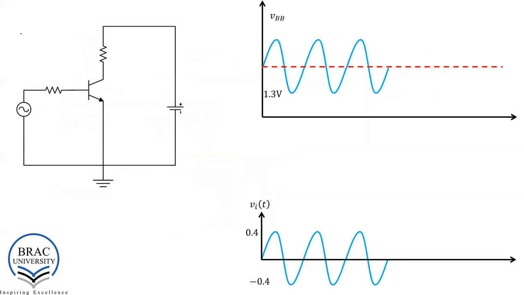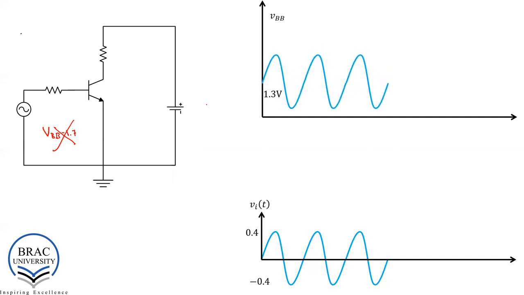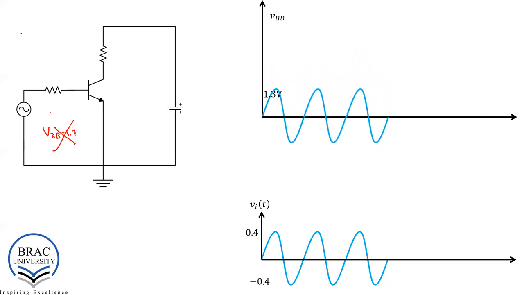The best way to explain this is to analyze the amplifier without any DC voltage source. Let's say we didn't apply any DC voltage source, which means that as soon as the V_BB, which was the 1.7 volt source, is removed, the AC signal that we are applying is dropped by 1.7 volt.